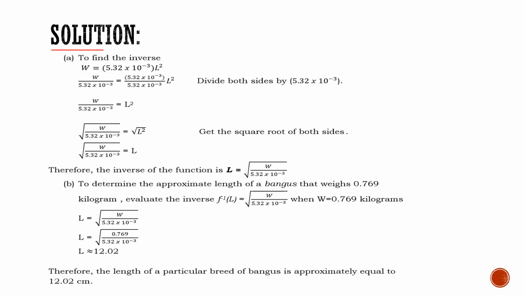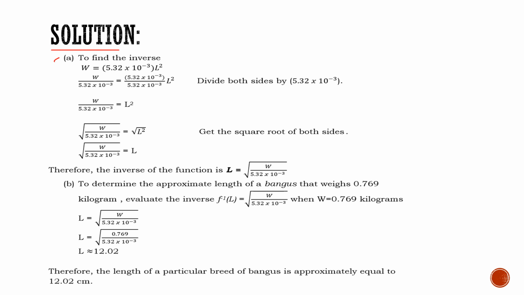For the solution, find the inverse of the given function with respect to your W. So we just simply copy your W in terms of L. Your W is equal to 5.32 times 10 raised to negative 3 multiplied by L square.